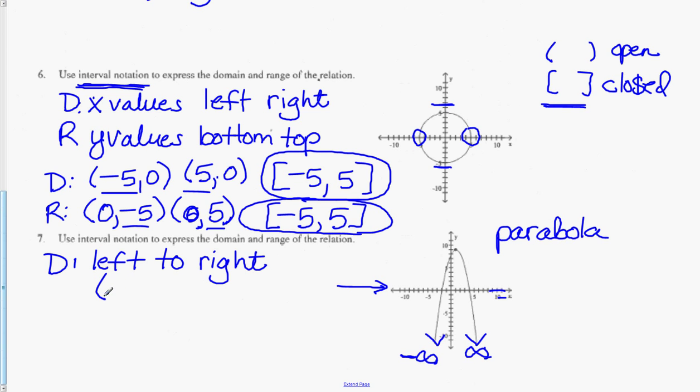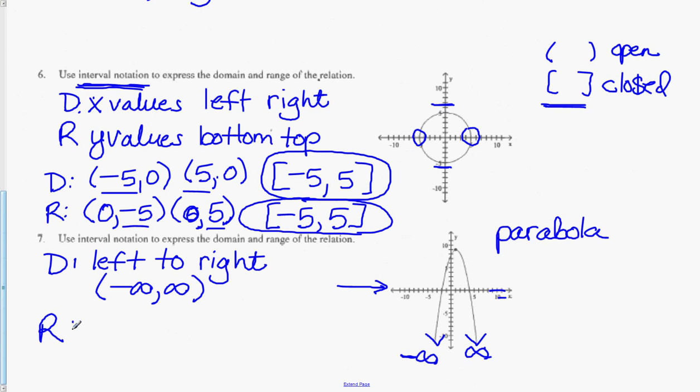So for this one, the domain would be -infinity to infinity. Incidentally, domains on parabolas, as long as they're smiling or frowning, is always -infinity to infinity. Write that down on a note card, pause the video if you need to, but that's how domains are on parabolas that smile or frown.